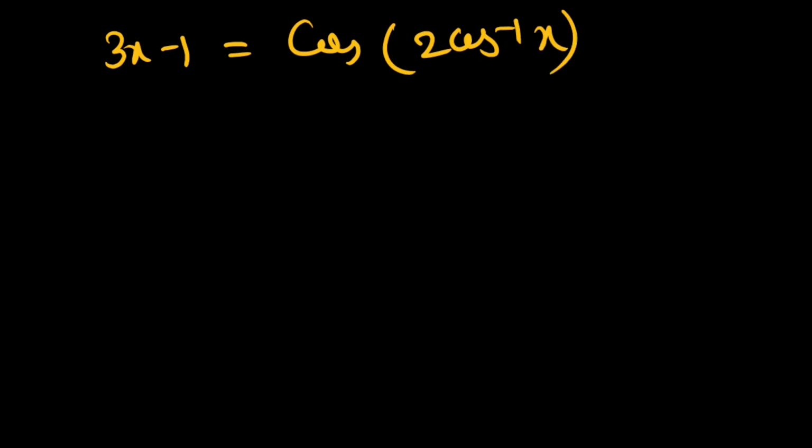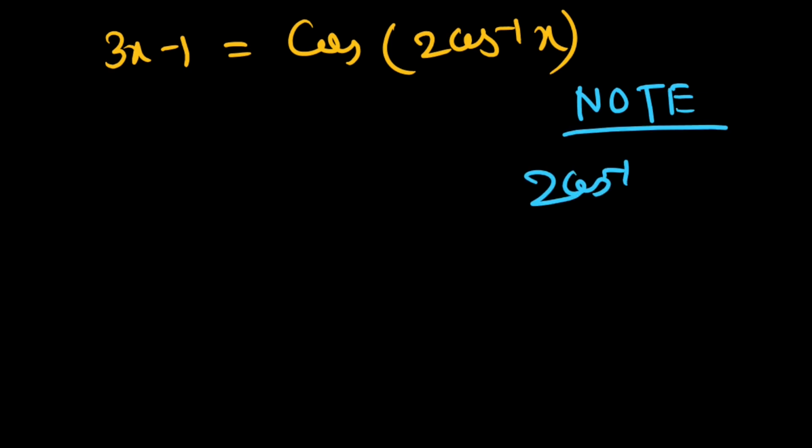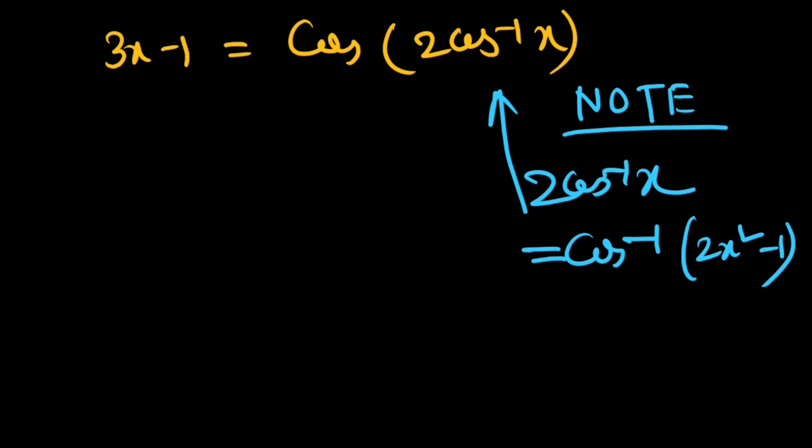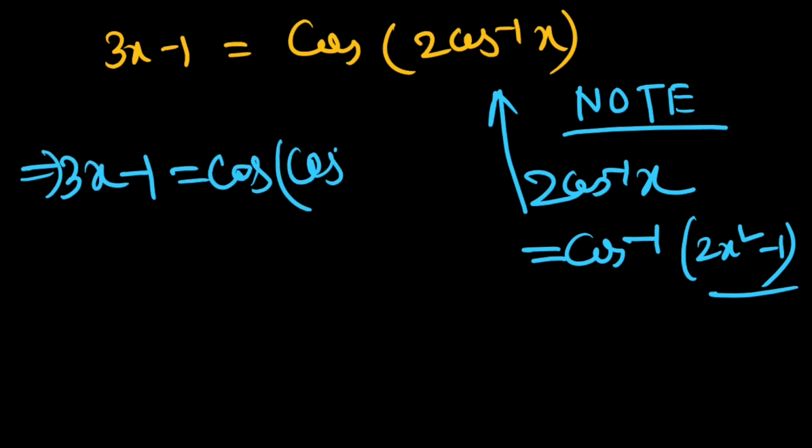Now we use one formula, which we write as a note: 2 cos inverse x is equal to cos inverse of 2x square minus 1. So put the value of 2 cos inverse x as cos inverse of 2x square minus 1.